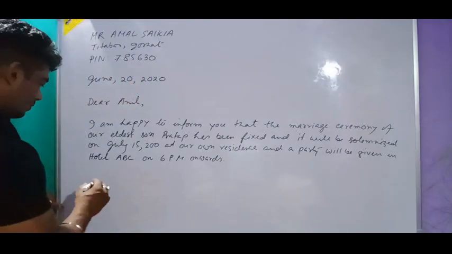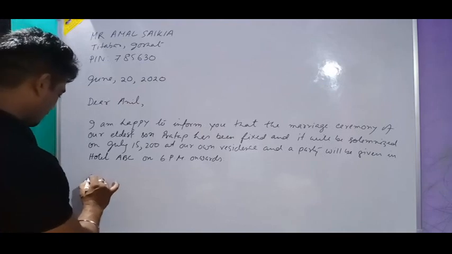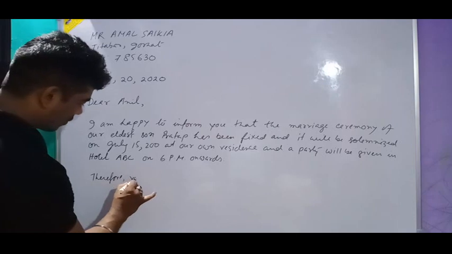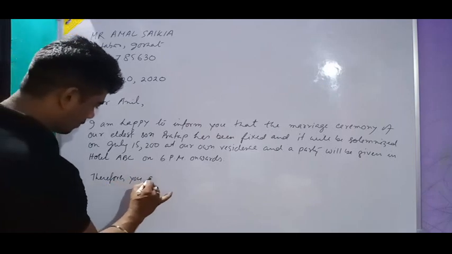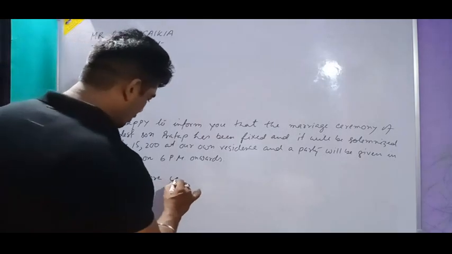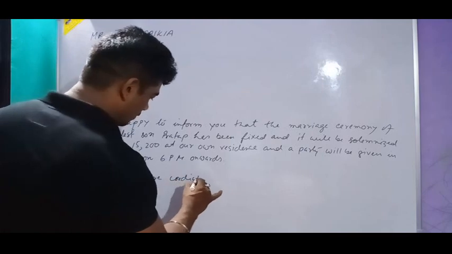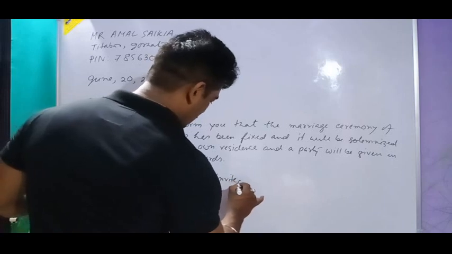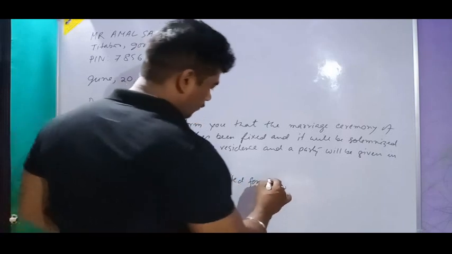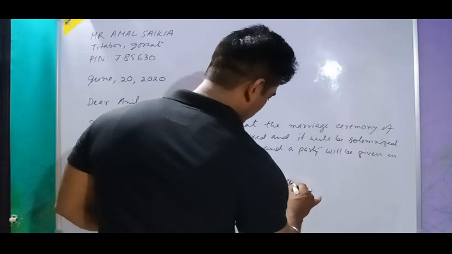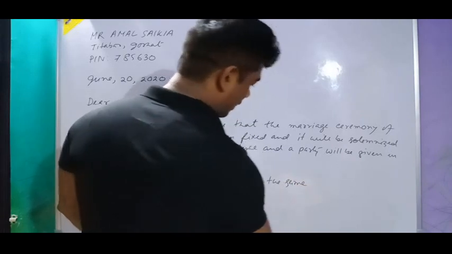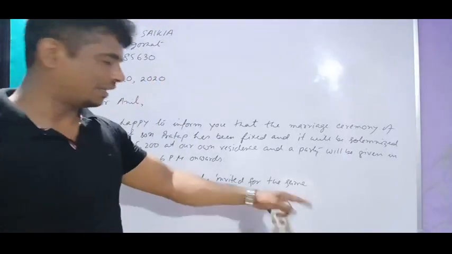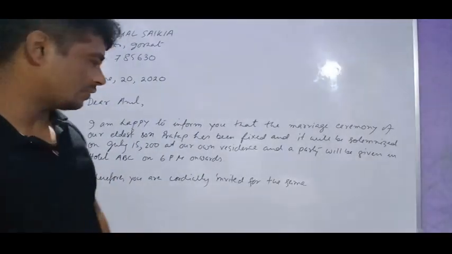So now write the second paragraph. Therefore, you are cordially invited for the same. Okay, I will not write much. I can add one more line, but I think I will not write.